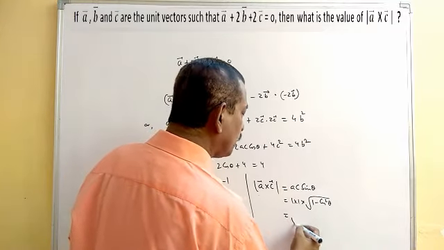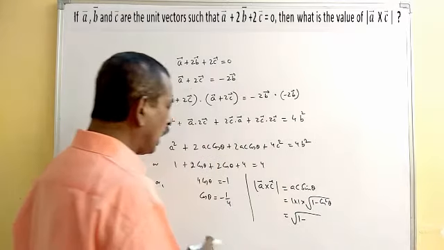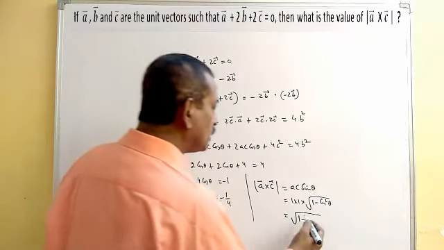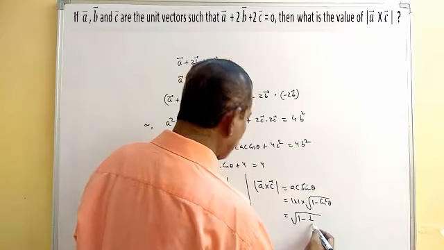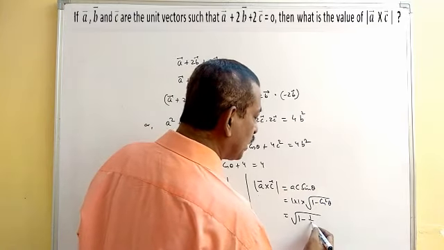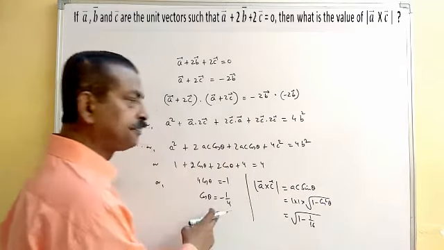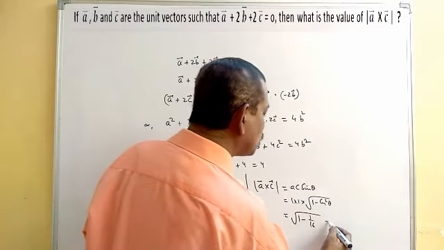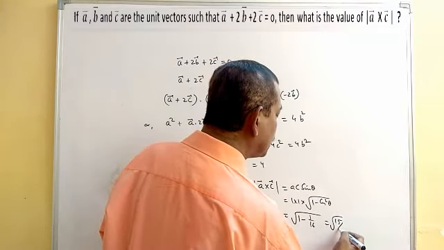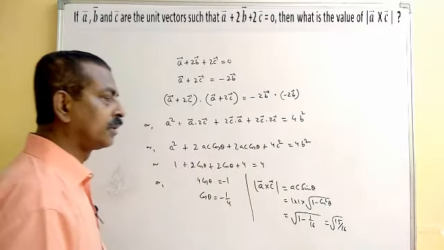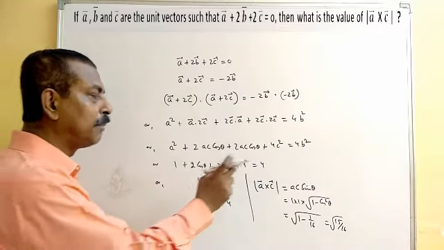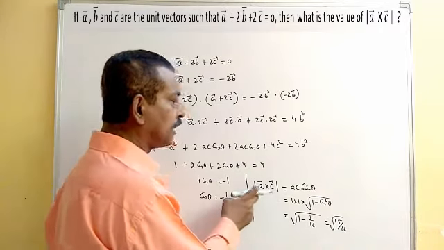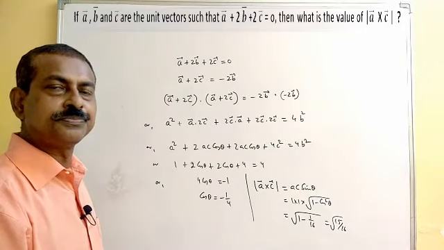So this will be equal to root over 1 minus, how much is your cos square now? This is 1 by 4 whole square, that is 1 by 16, because you are taking cos square theta. So this is how much? Root over 15 by 16. This will be the value of the magnitude of the cross product of A and C.